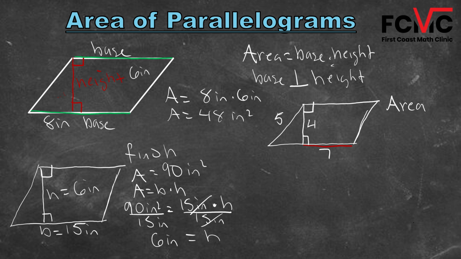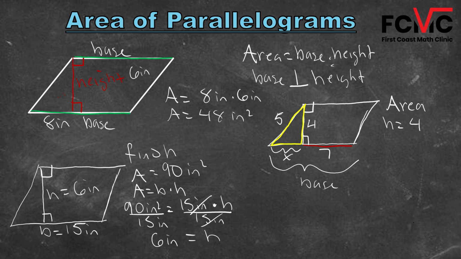So we know our height. We need to figure out the rest of this base. This entire length is our base, so we need to figure out this length right here. That's going to be our x. How will we do that? Well, we notice that right here we've got 5, we've got 4, and we've got x.